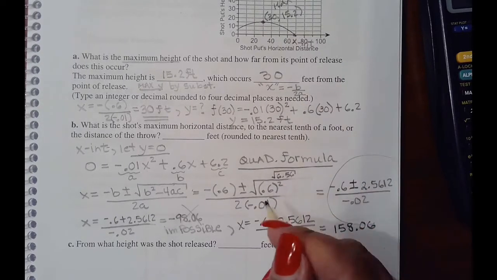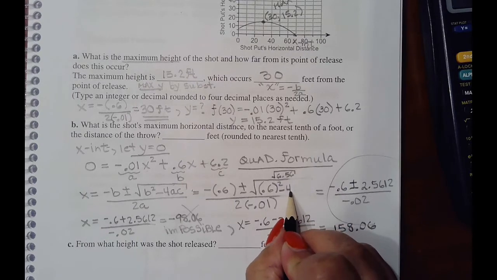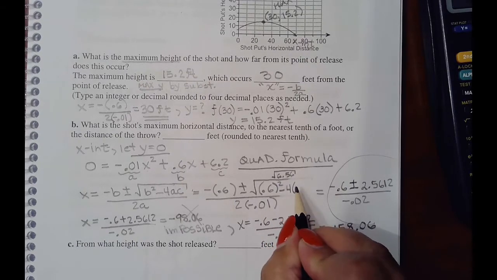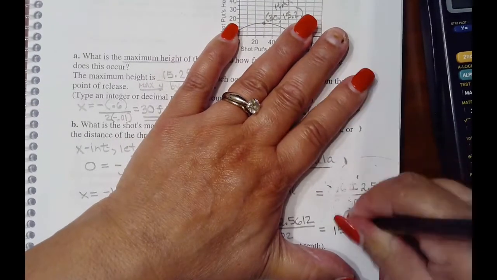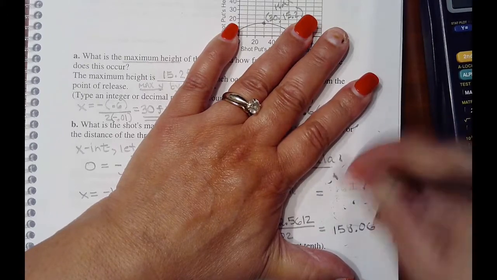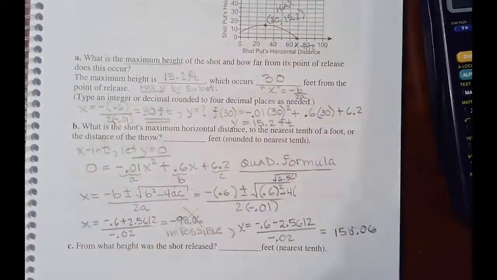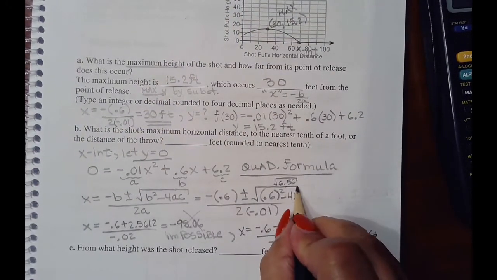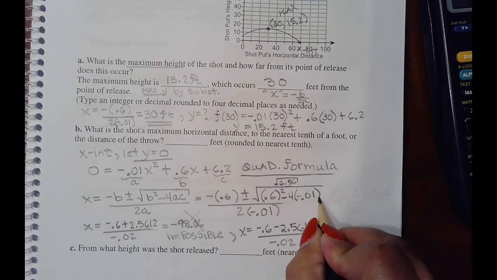Okay, so this was 0.6 minus 4 times a, and that a value was negative 0.01, times the c value, which was 6.2.